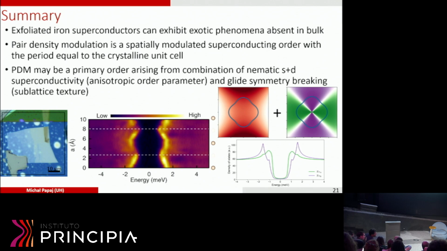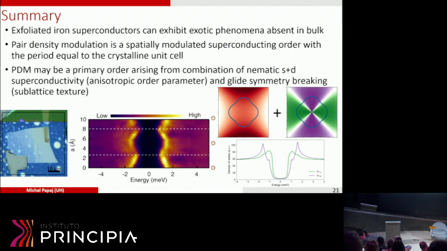So yes, I know that S plus ID is close by in energy. But even with your diagram, once you break the inversion or the glide symmetry of the surface, I now have two inequivalent sites just by definition.